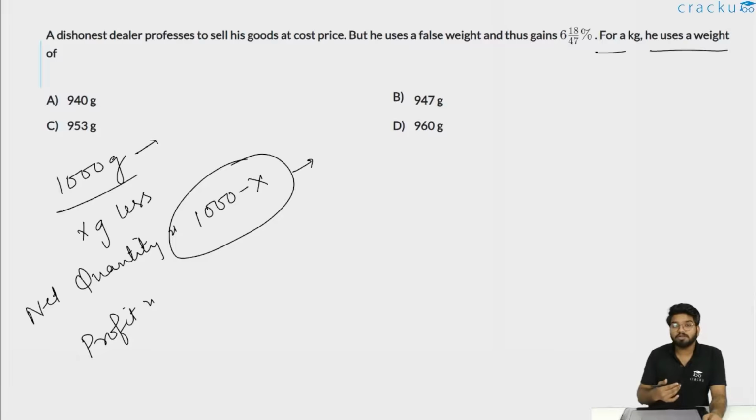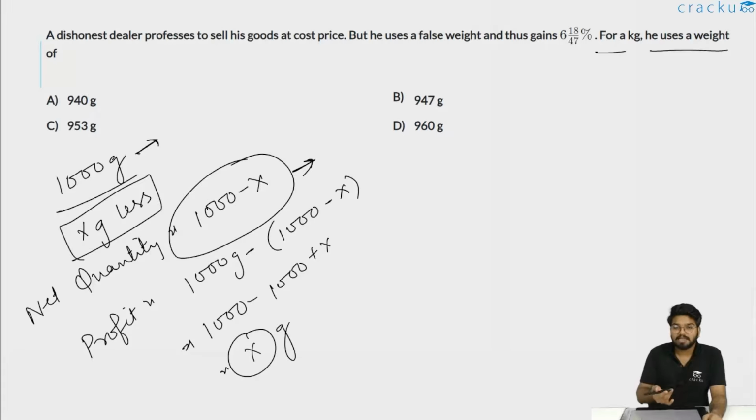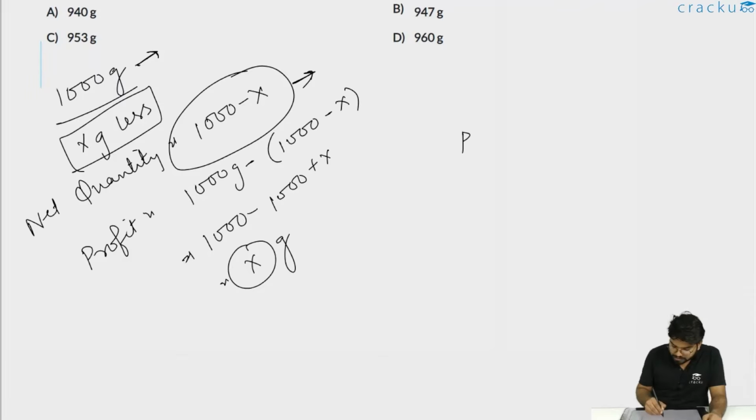We know that profit is equal to selling price minus cost price. Selling quantity here is 1000 gram minus the actual quantity he is selling, which is 1000 minus x grams, that is 1000 minus 1000 plus x, or x grams. Ultimately the quantity he is saving, x gram, is actually his profit. We can now calculate the profit percentage.